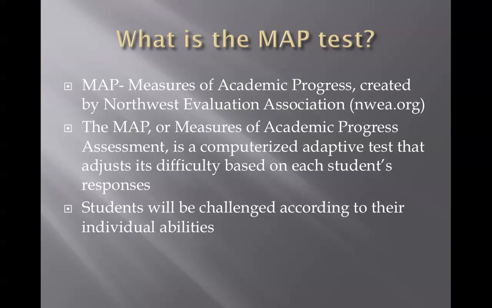Students will be challenged according to their individual abilities. So in essence, the test itself changes as the students take it. The more questions they get right, the more difficult the test will get. If they get a question or two wrong, the test will gear itself down to their ability level. This is great because it gives us the most accurate reading possible of where the students are performing when they take the test. It gives us very accurate data to work with.